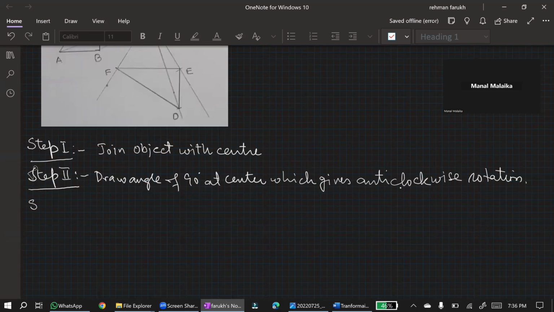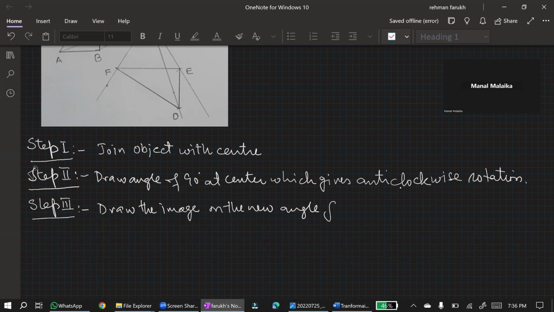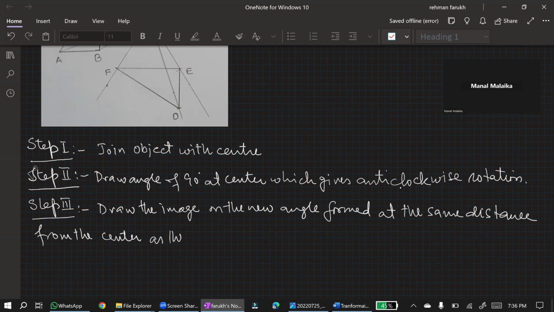Step number 3 is draw the image on the new angle formed at the same distance from the center as the object is.